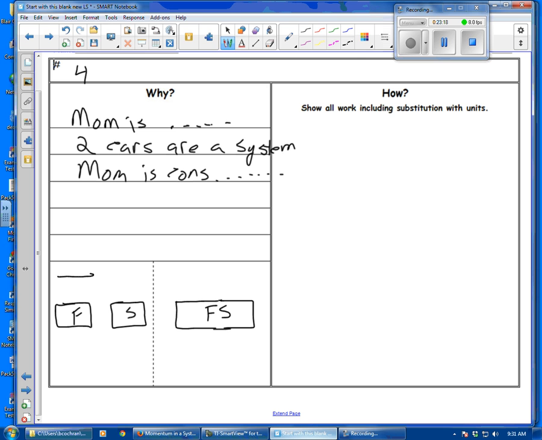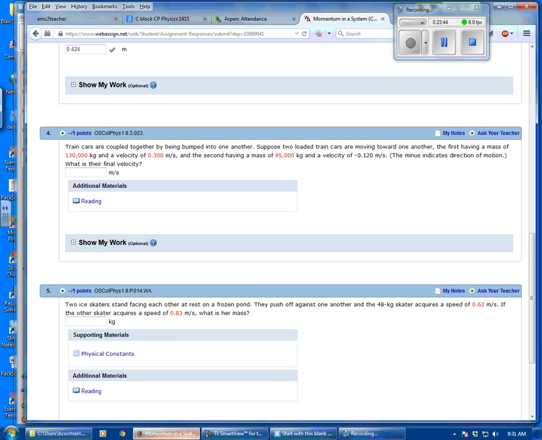So F is moving in this direction. Momentum in that direction. S moving towards it, so momentum S. Any thoughts on which direction they're going to end up going in?